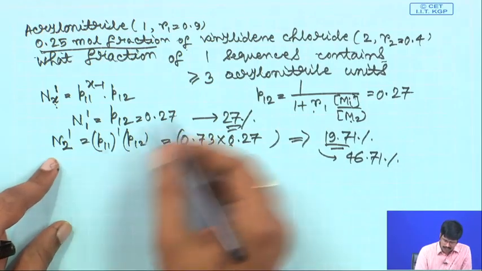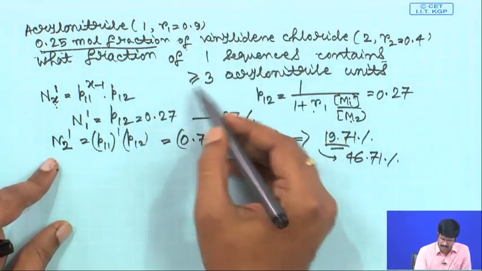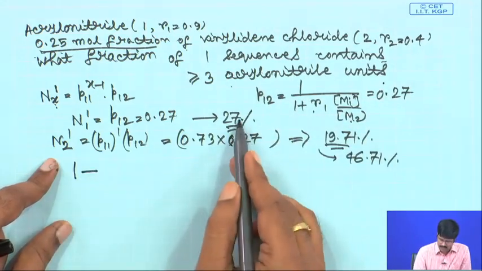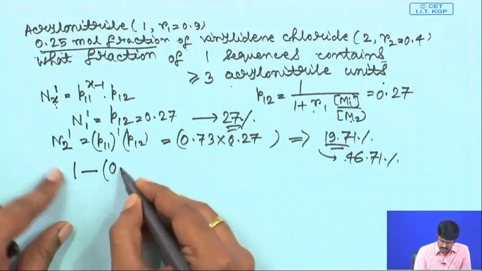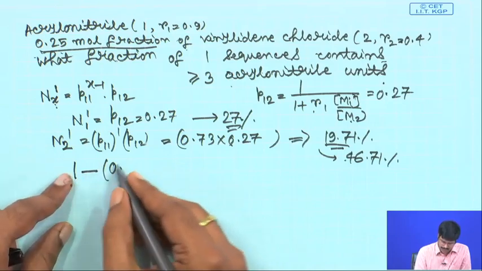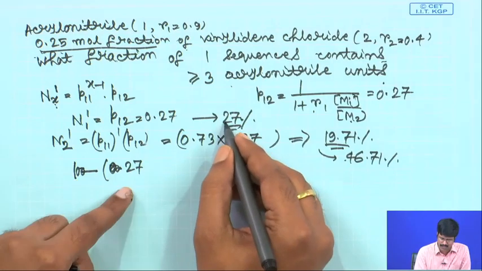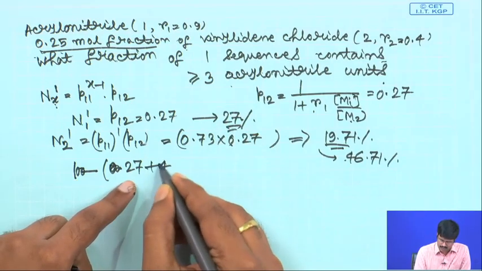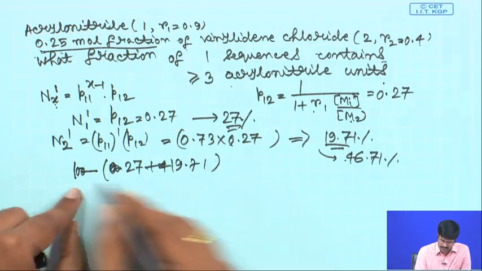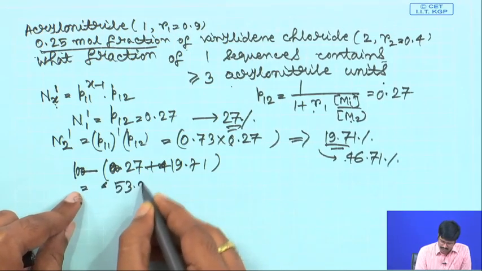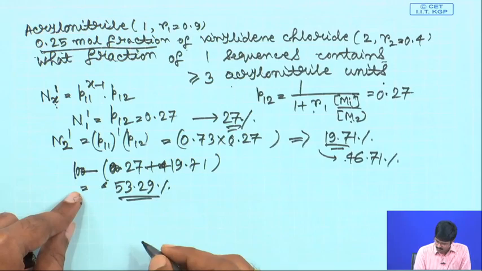So, then how much fraction contains greater than or equal to 3 acrylonitrile units? That will be 1 minus the summation of these two. So, you are taking 1, you could take 100 also. If you take 100, then you have to take 27, if you take 1, that will be 0.27, plus 19.71. So, 100 minus that will be 53.29%. So, that will be your answer.